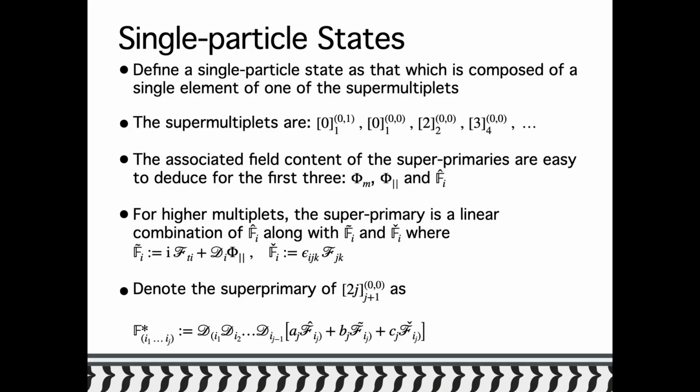So the superprimary will be some linear combination of these three, and the other two linear combinations of these three will be some super descendants. But in general, the superprimary of a multiplet with spin j, dimension j plus 1 and no R charge is just this. It's some symmetric combination of some number of covariant derivatives acting on some linear combination of these F's. And the exact linear combination has to be fixed by explicit computation.